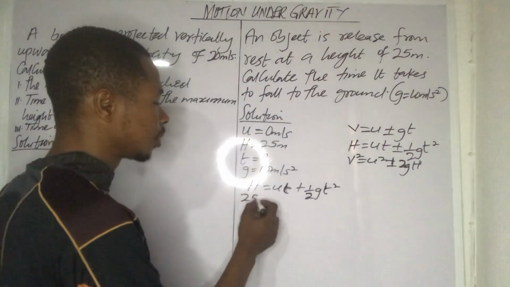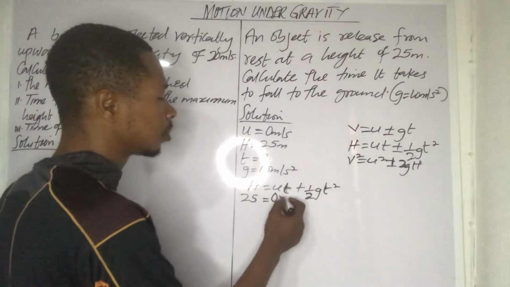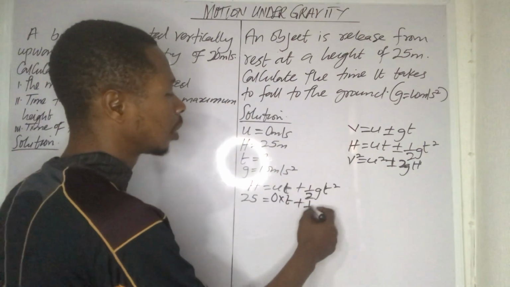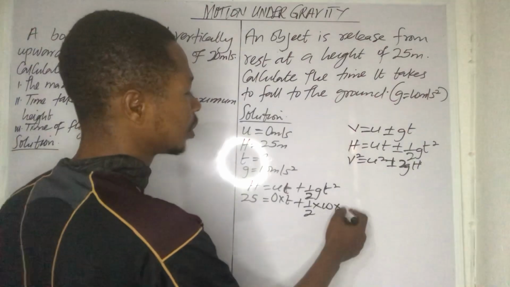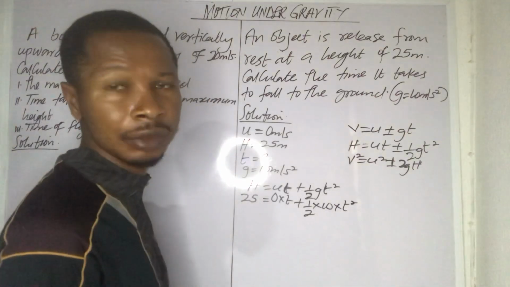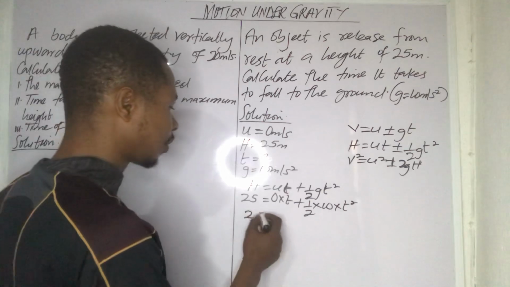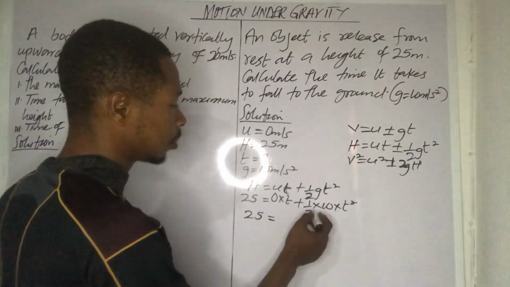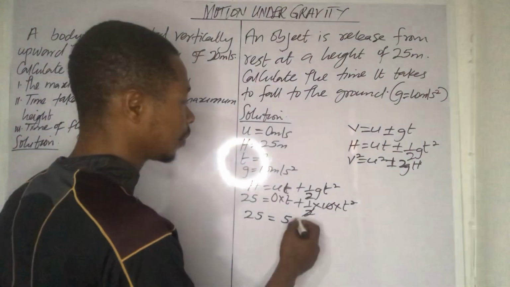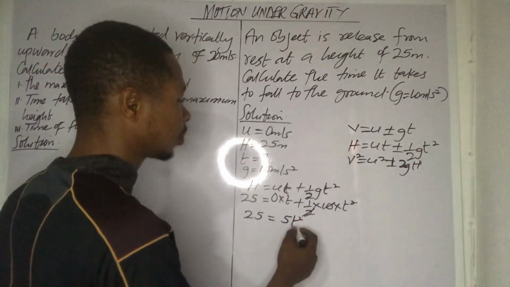My height is 25, u is 0 times t, plus half times 10 as acceleration due to gravity times t squared. Simplifying, 25 is equal to 0, plus 5 times t squared.